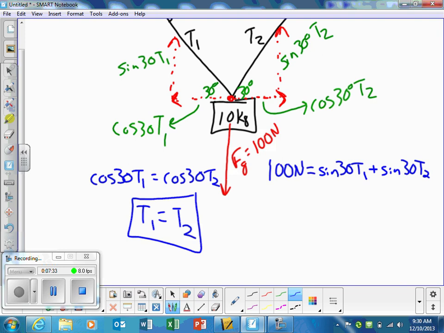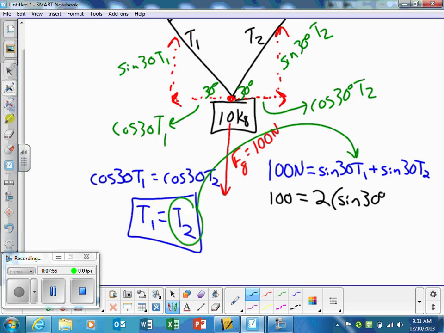So now you can put either one of these definitions, right? We could put T2 in for T1 over here, because we know they're the same. Which makes this then 100 is equal to 2 times the sine of 30 T2, which means T2 is equal to 100 newtons.